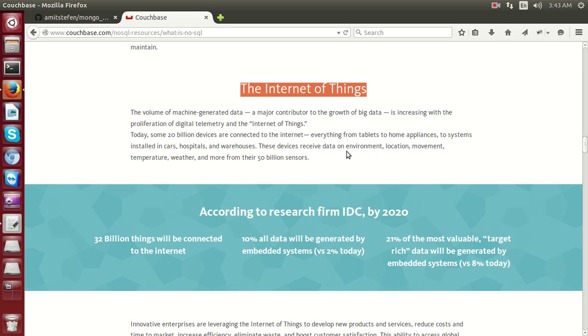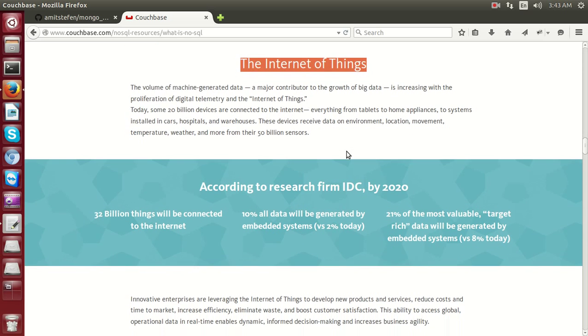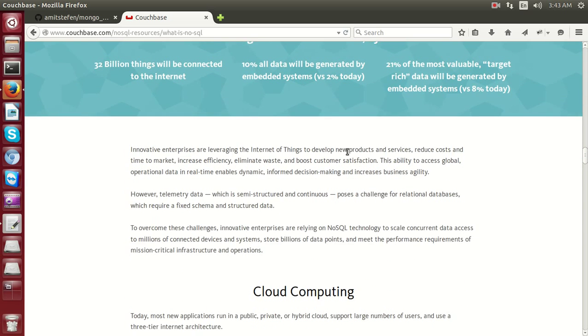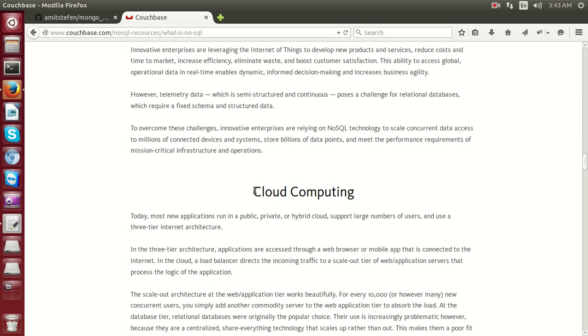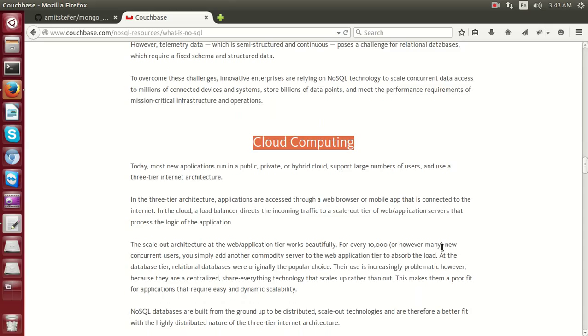So that's what is Internet of Things, and it is driving the NoSQL movement crazy actually. Next is cloud computing. Alright, so this is how you support large number of users, and you basically scale up or scale down depending on the kind of traffic you get.